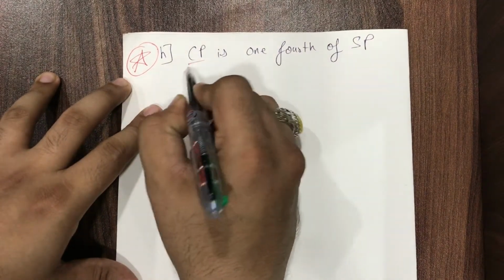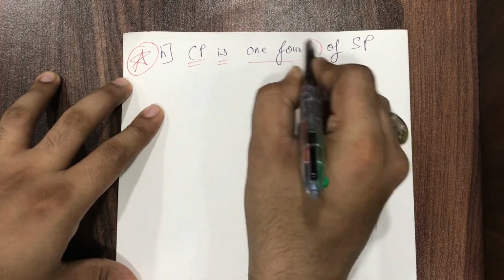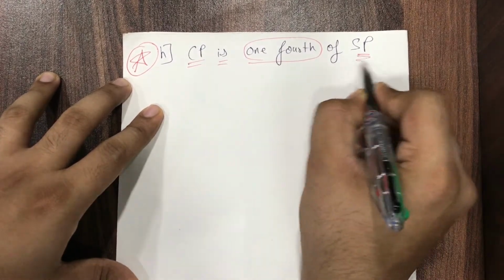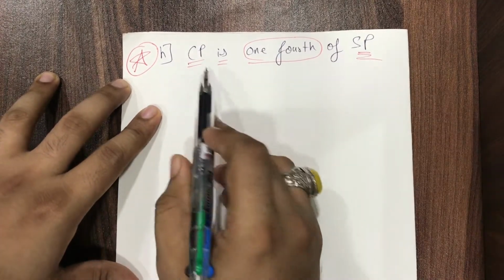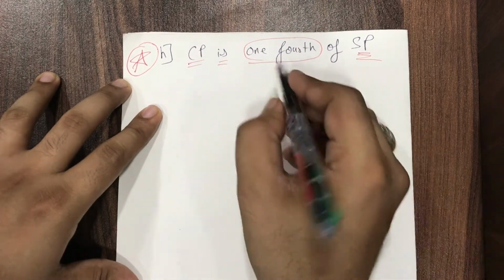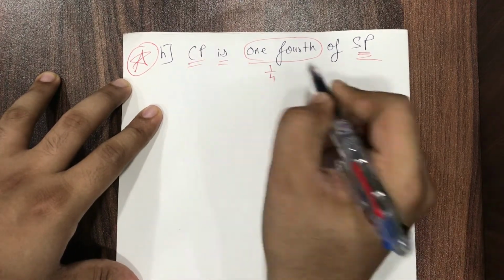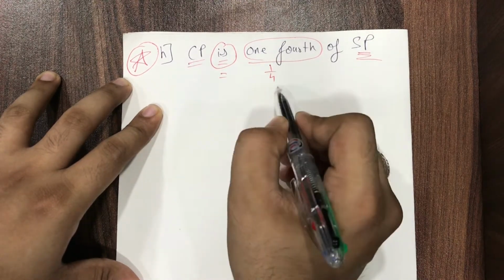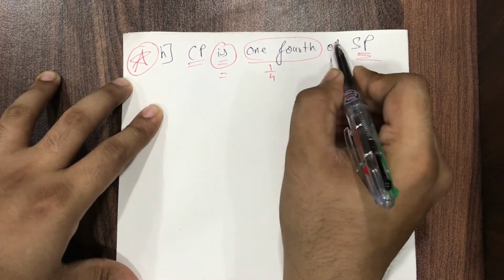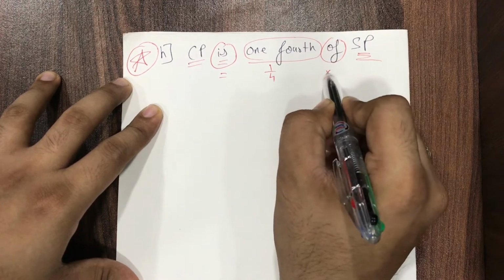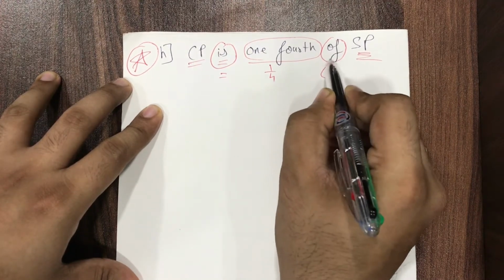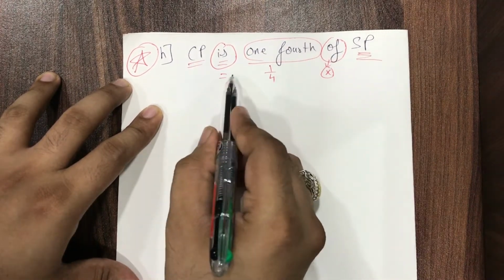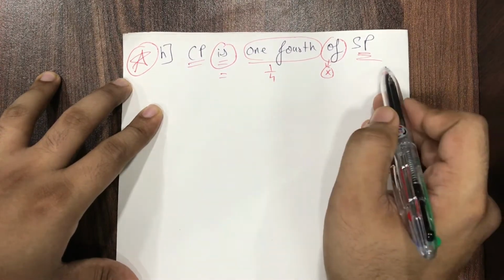Here it is given that cost price is 1/4 of selling price. Once again, cost price is 1/4. Is means equal to. Cost price is 1/4 of selling price, and of always means multiplication.